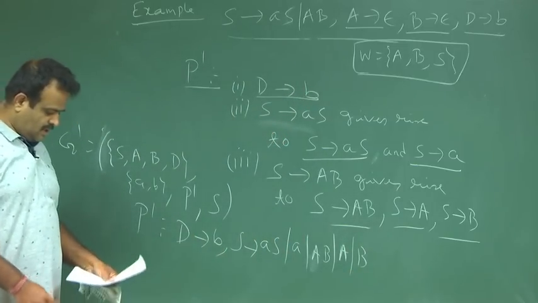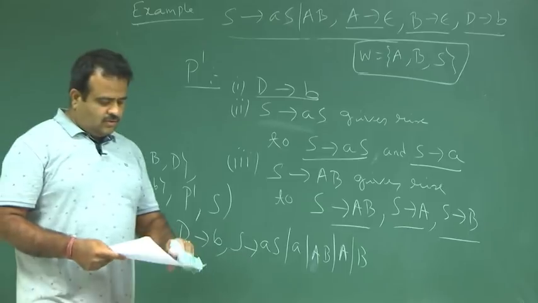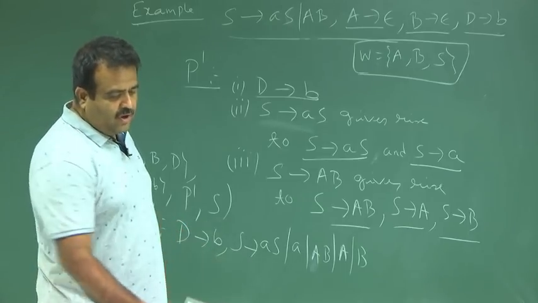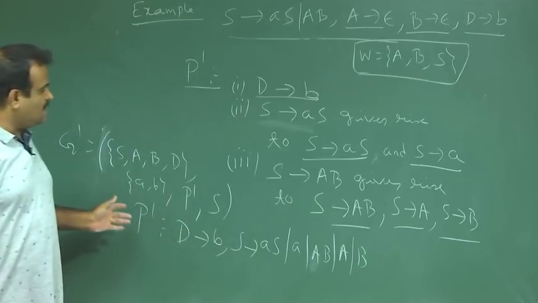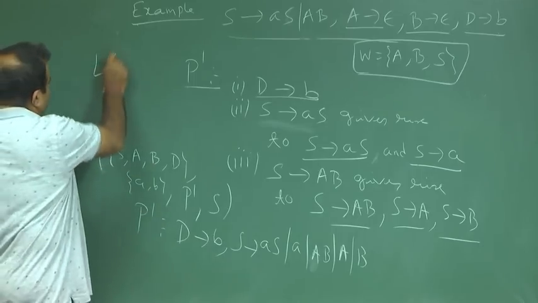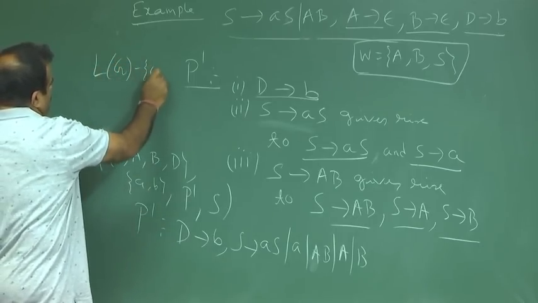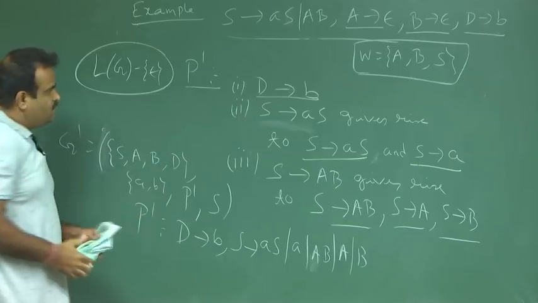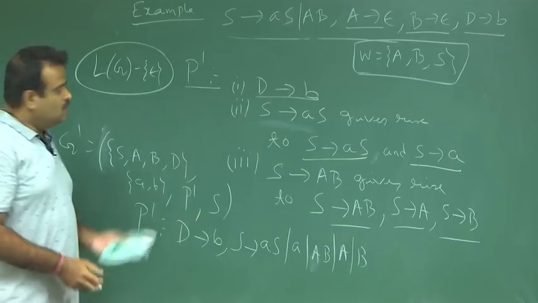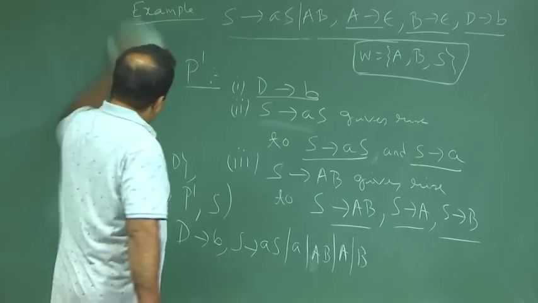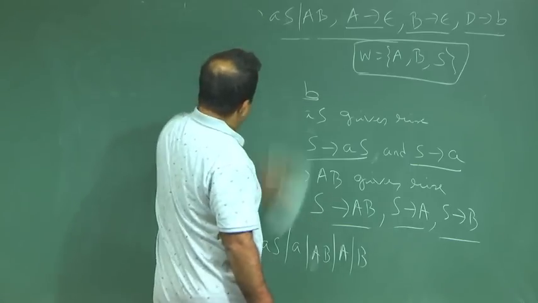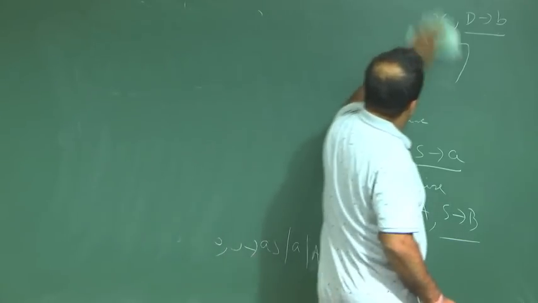Then we can show that this eventually gives us the language L of G minus epsilon. That proof will be in the lecture notes. Now we will go for the elimination of unit productions.